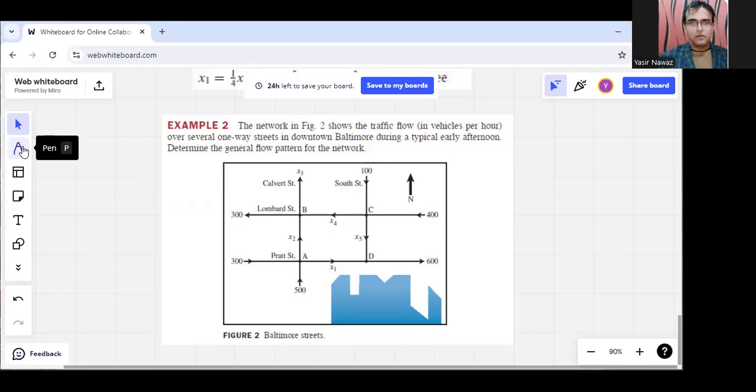So these are the 4 points. One here, second here, third here, and fourth here. And at these 4 points, the input flow is equal to the output flow.